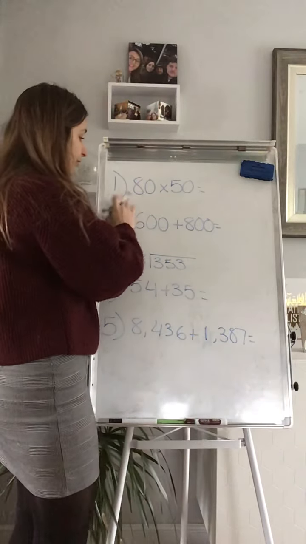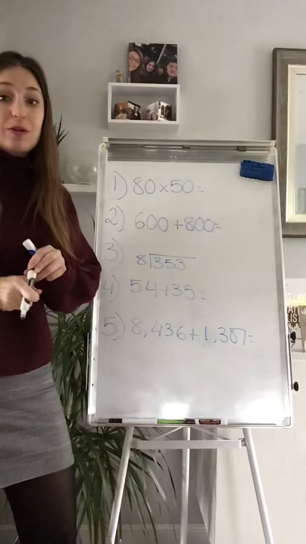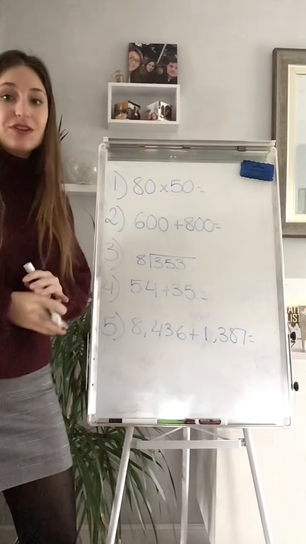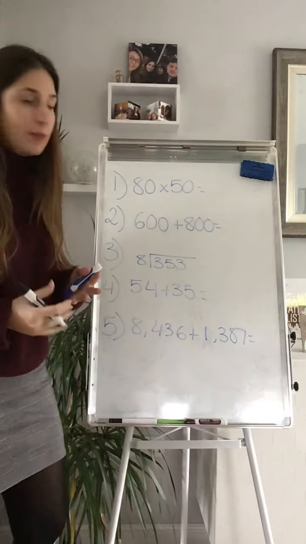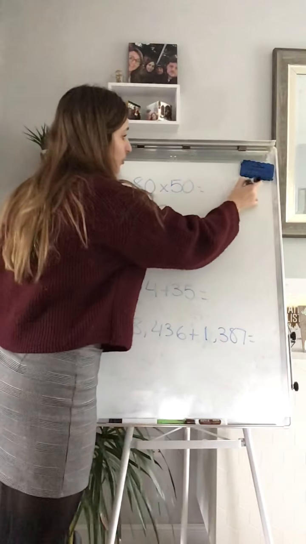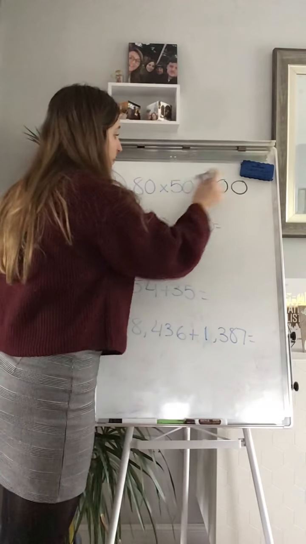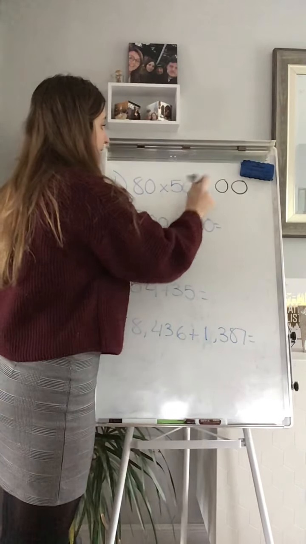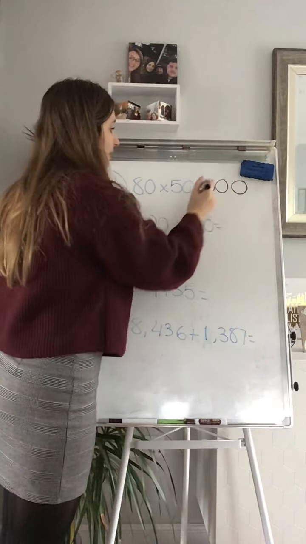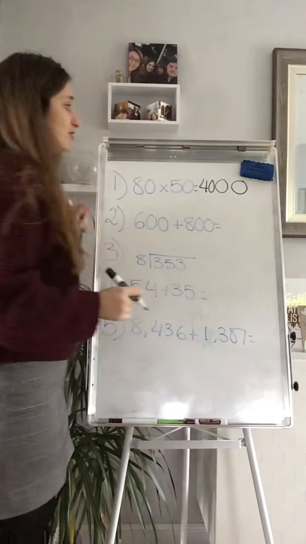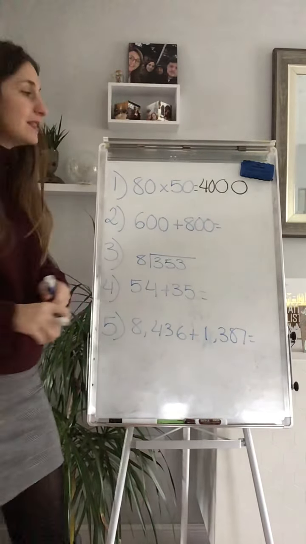Let's start with the first one. We were doing some of those the other day, so you should know how to do it mentally. You know that you're going to have a 0 at the end, and you times 5 times 0 is 0, 5 times 8 is 40. So your answer should be 4,000.